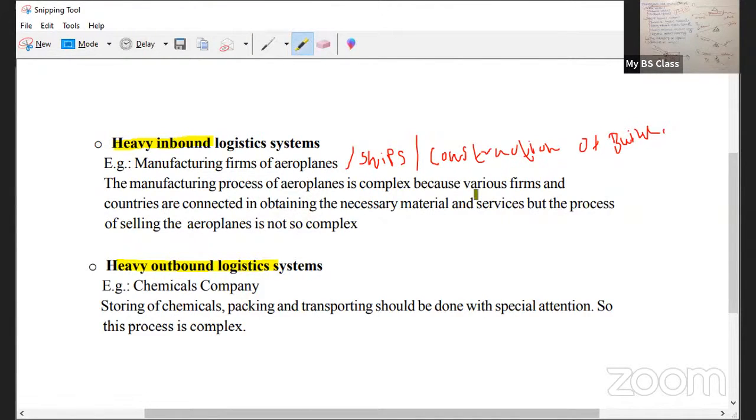Like the seats may come from another country, the paint from another country, a lot of things that you fit into this part. So complex. So various suppliers, firms are interconnected, right? But the processing, the selling of the aircraft is not so complex. That is the key point.